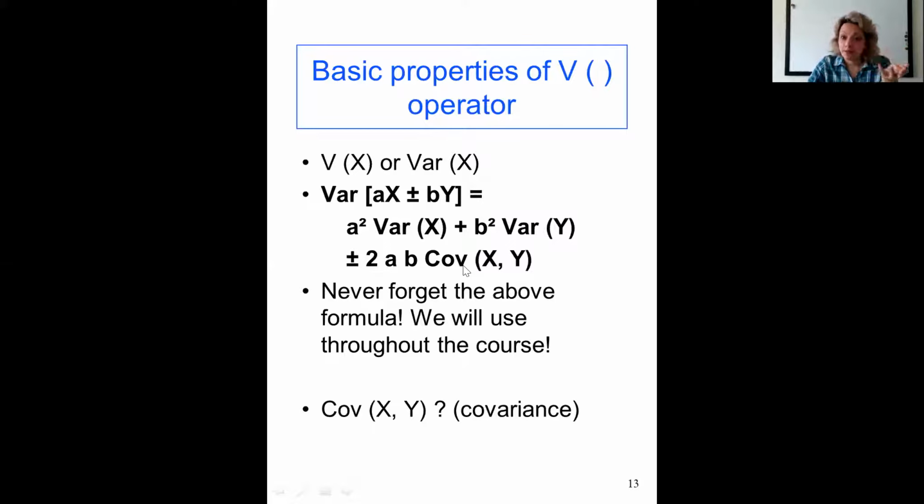So my variance of AX plus or minus BY is going to be A squared variance of X plus B squared variance of Y. It doesn't matter whether there is a positive or negative sign between AX and BY. If they are independent, the answer is the same, because this part is 0.